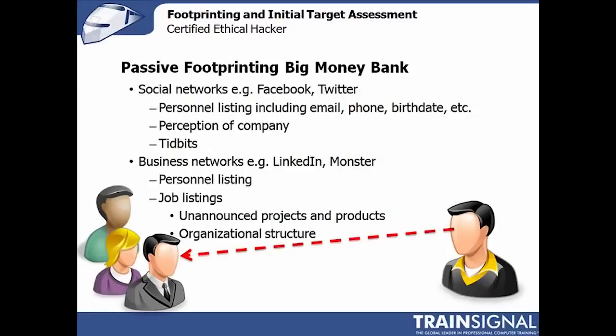Oftentimes also these job listings give you an organizational structure. The job listing may be posted by Fred, but it may list Jane as the contact. Well, from that information, we can start footprinting what the bank looks like, the organizational structure of the bank. We know that Jane probably is a manager, and Fred may be human resources or may be an individual.